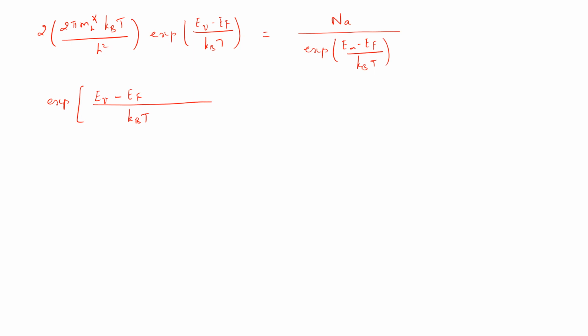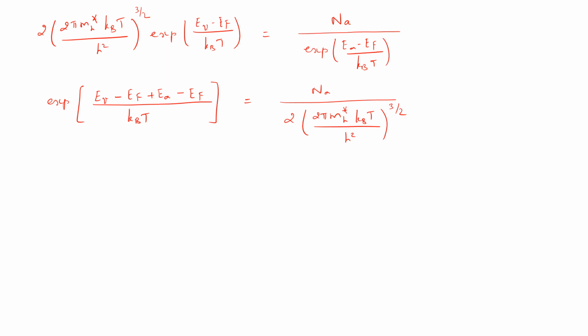So plus EA minus EF is equal to NA divided by 2 into 2 pi MH star KBT divided by h square. I missed here whole power 3 by 2. Okay, so whole power 3 by 2.